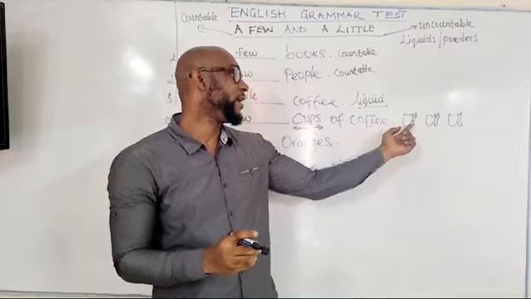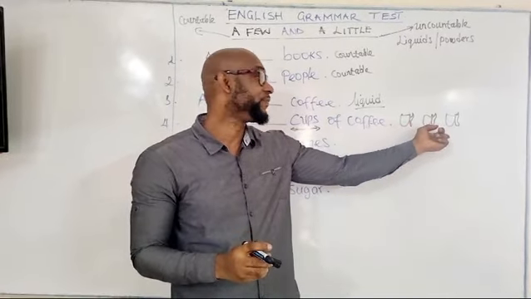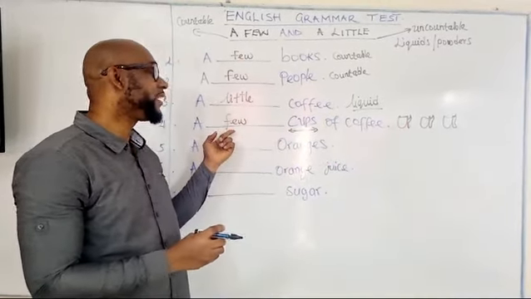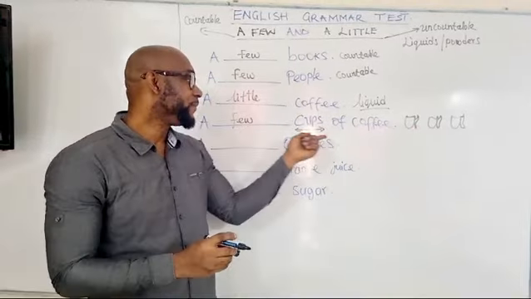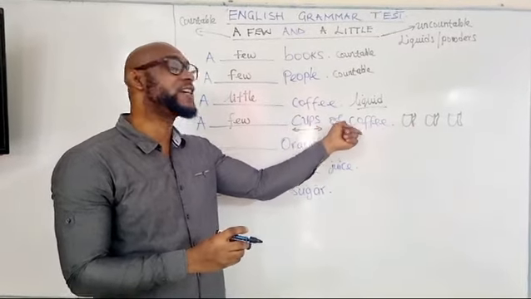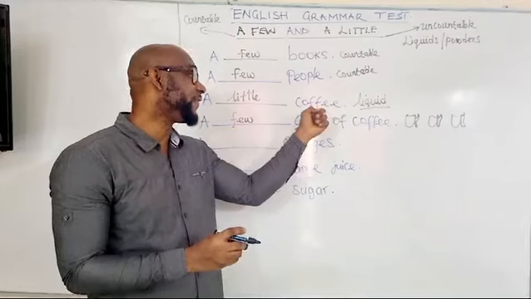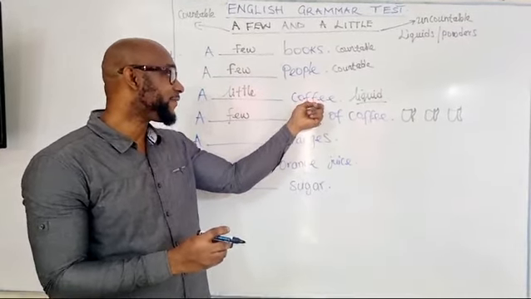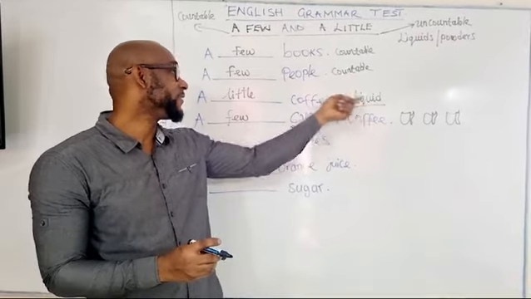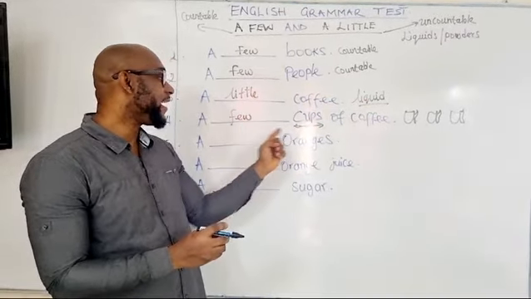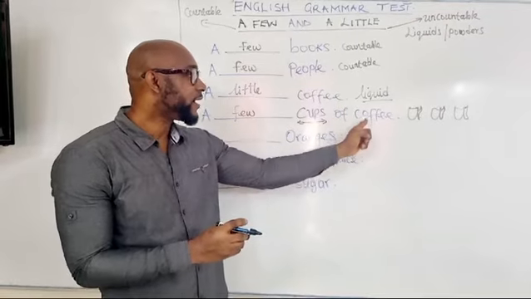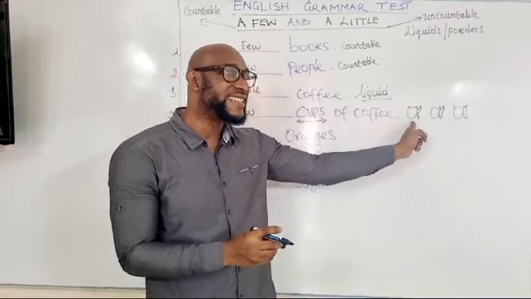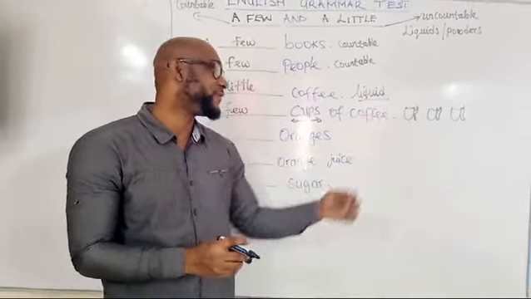So we have 1, 2, 3 cups. Alright, which goes back to "a few." We can count them because there are cups of coffee and not just coffee like we had in number 3. Here we have just coffee, liquid, so it's "a little," but here we have cups of coffee, which refers to a certain number of cups of coffee.